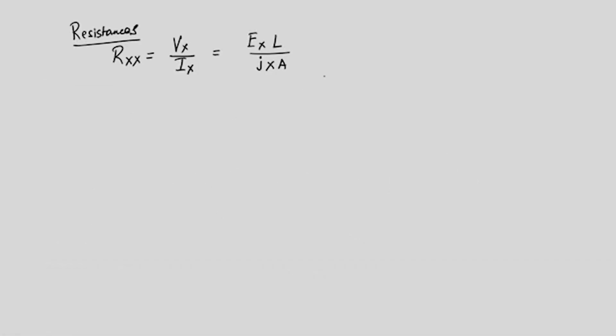Okay. So, this is equal to that, and so this is nothing but the rho xx, and this Vx is Ex into L, and so this is rho xx L by A. Okay.